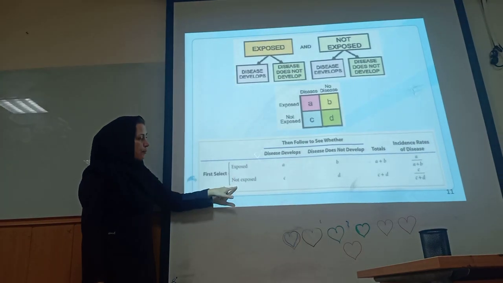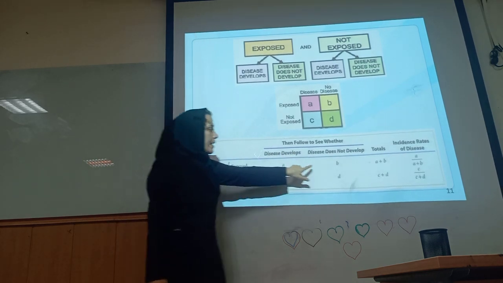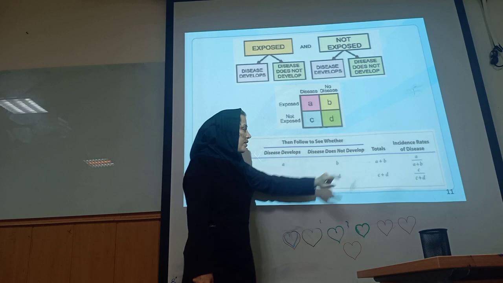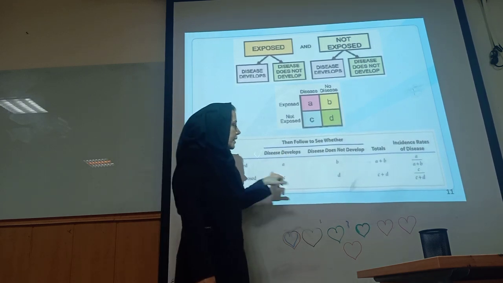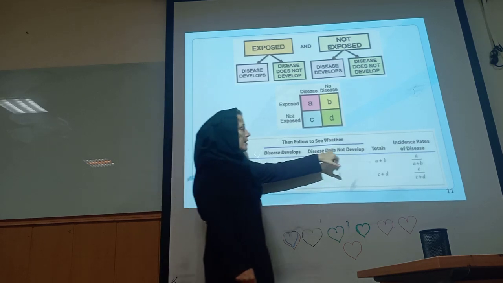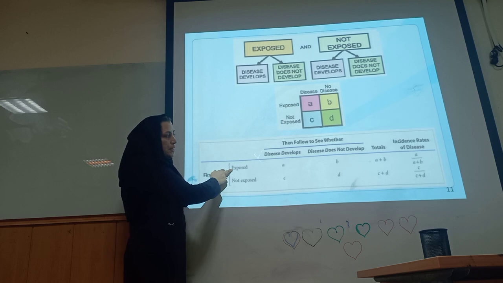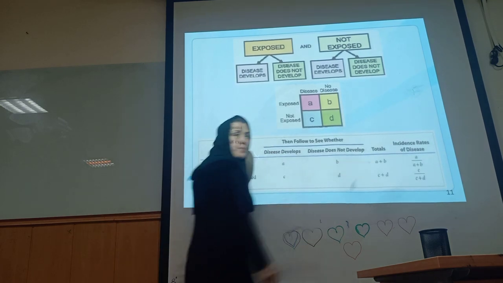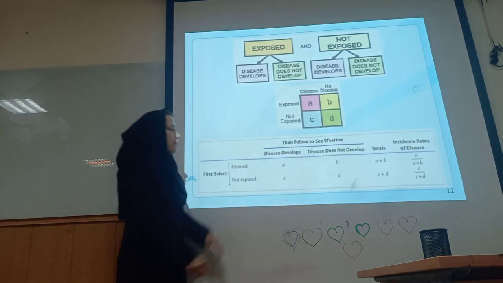First, select exposed and not exposed. Exposed, this is develop A. This is does not develop B. Not exposed, this is develop C. Not exposed, this is does not develop D. Who are exposed? A plus B. Who are not exposed?